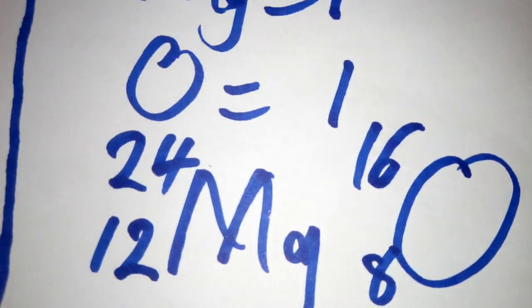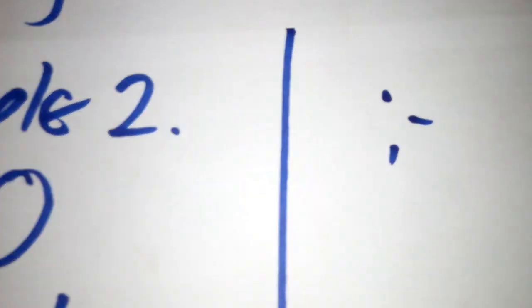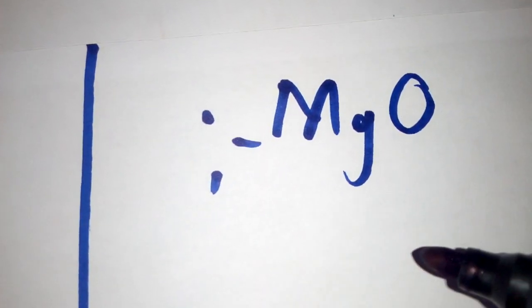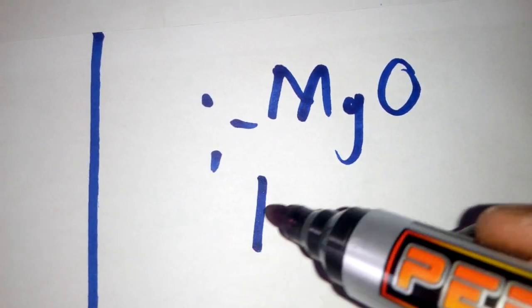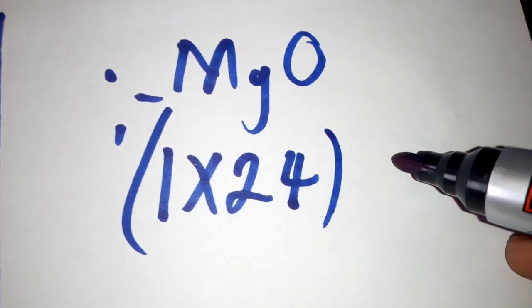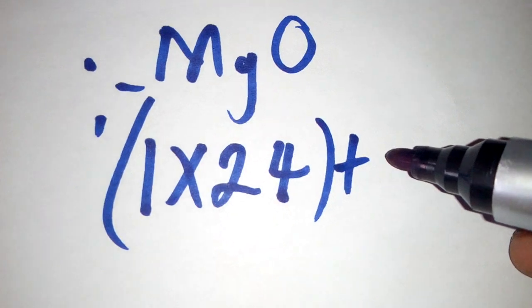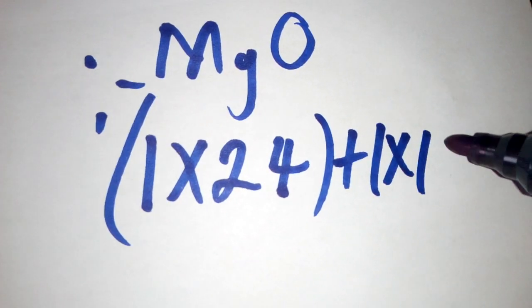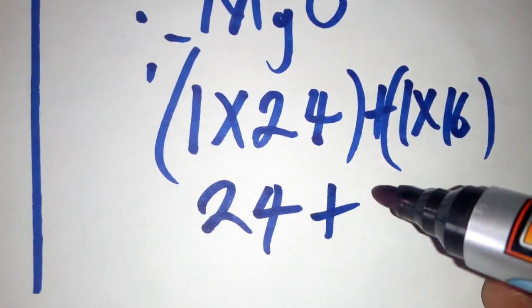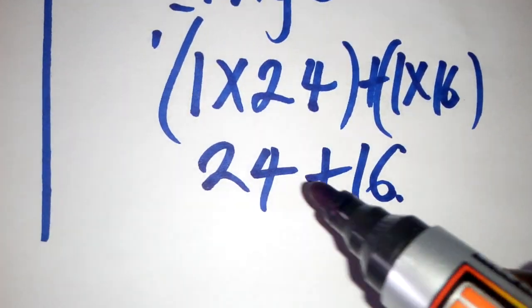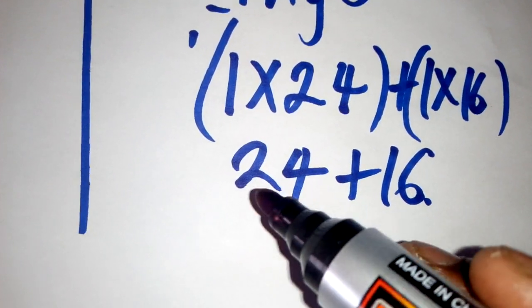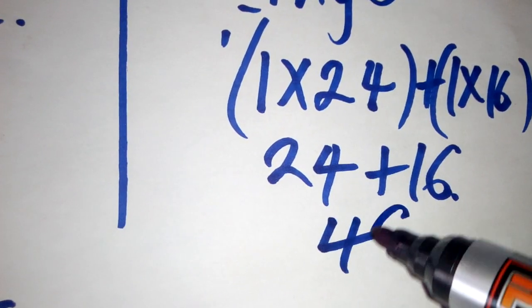Therefore, 1 mole times 24, plus 1 times 16. Meaning I have 24 plus 16, which is 40 grams.